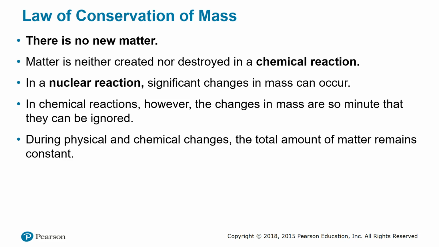So the big statement that I want you to have: in a chemical reaction, we have an area that we call the reactants. And then the other side is going to be the products.